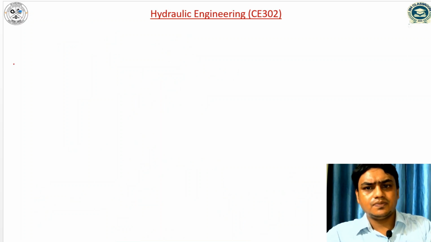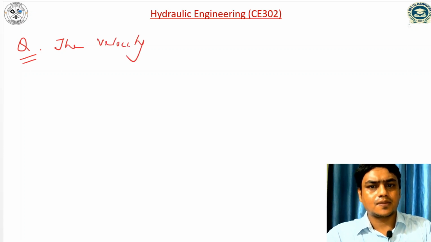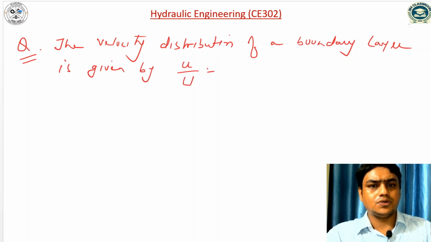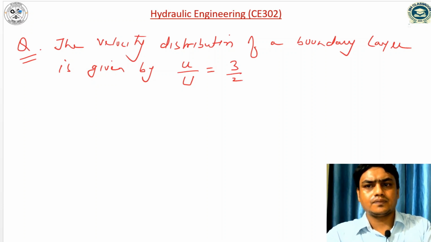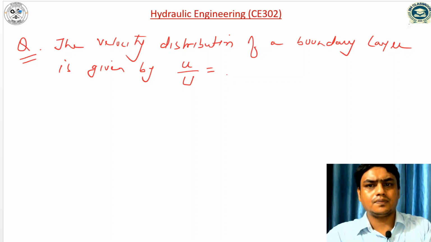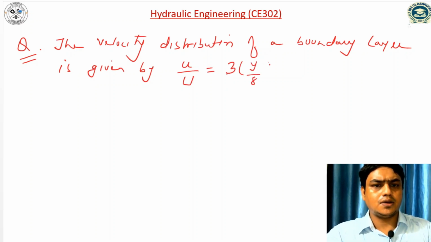Similarly, if I take another problem, the velocity distribution of a boundary layer is given by u by capital U is equal to 3 y by delta minus 2 y by delta whole square.